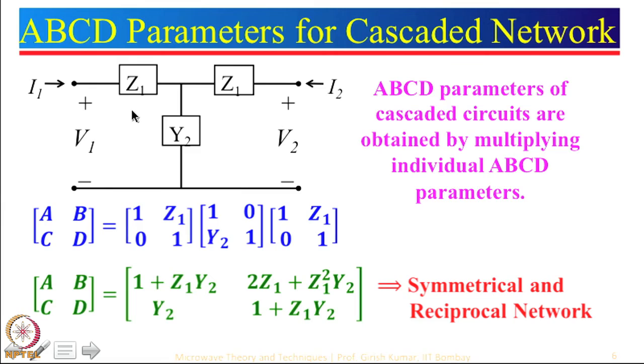So you have to wait for few more lectures, and then we are going to take several examples where we are going to use these properties of ABCD parameters, and especially we will use the concept of divide and solve the problem. Now we are going to the next particular topic, which is S parameters.